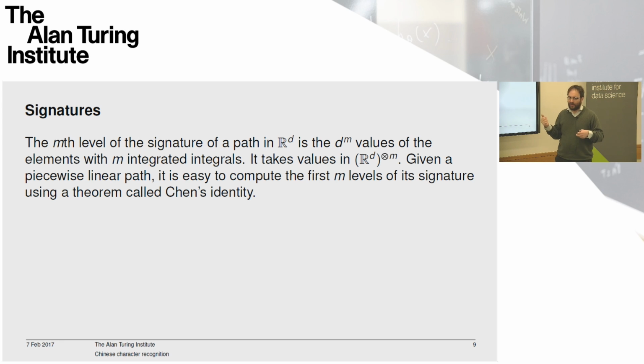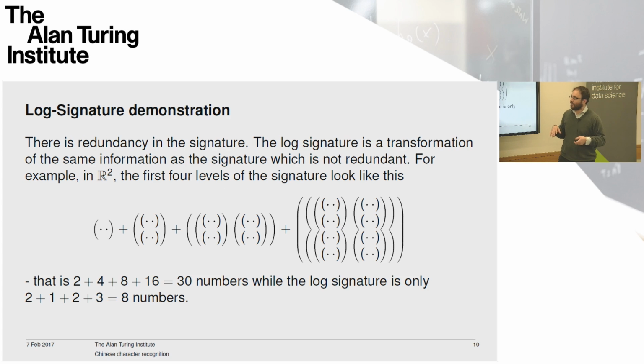If I give you element 1, you know element 1, 1 just by iteration, an integration by parts argument. So if I want to compress this information, there is a natural compression called the log signature, which is much smaller. For example, in 2 dimensions up to level 4, there are 30 numbers, so that's 2 plus 2 squared plus 2 cubed plus 2 to the 4 is 30. But actually there's only 8 numbers worth of information in that.